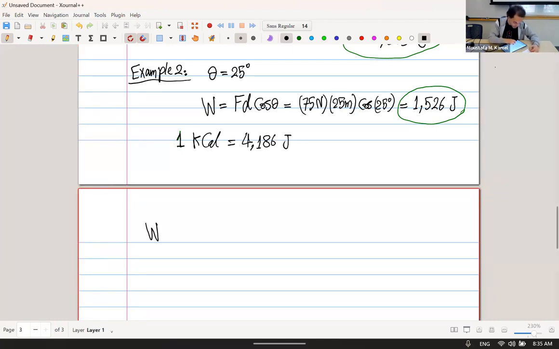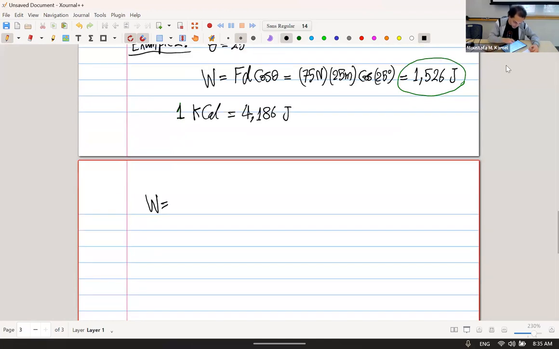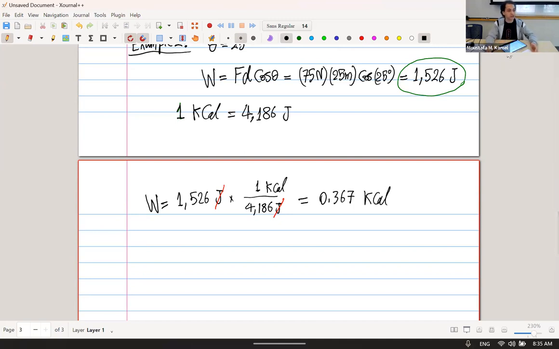So if we do that conversion, we take the joules multiplied by the conversion factor, 1 kilocalorie over 4,186 joules. The units cancel out, and we're left with 0.367 kilocalories. This is nothing.